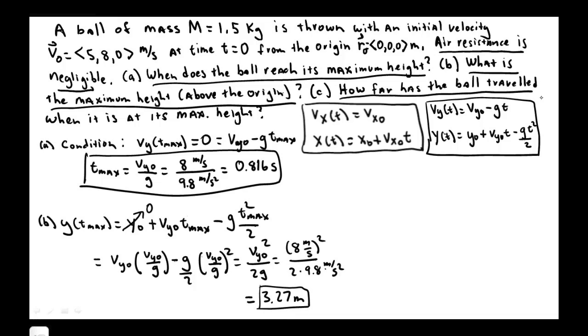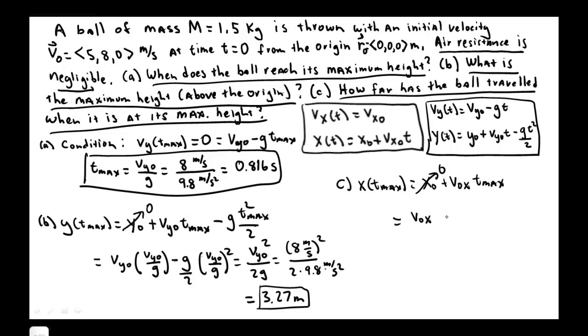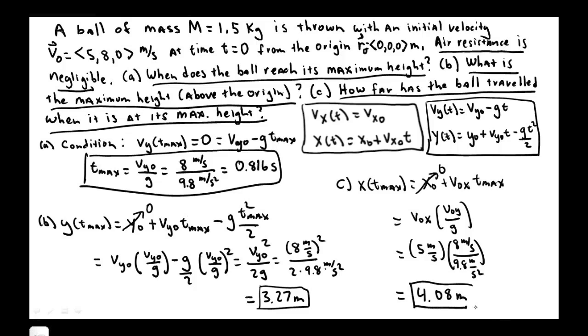Finally, to determine part C, how far the object has moved horizontally by time t max, we evaluate our function for x of t at t equals t max. Here's the symbolic solution, and when we evaluate, we find x is just the same value as we found in our computer solution.